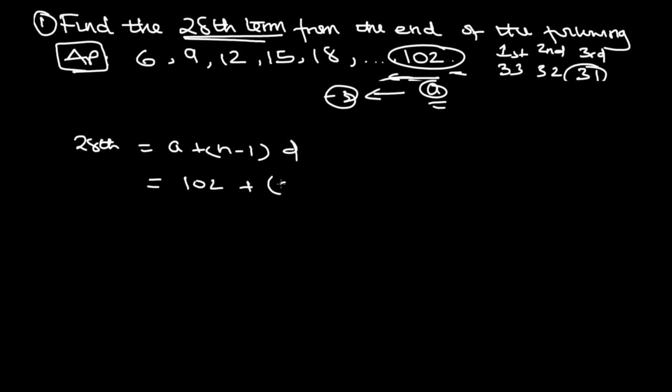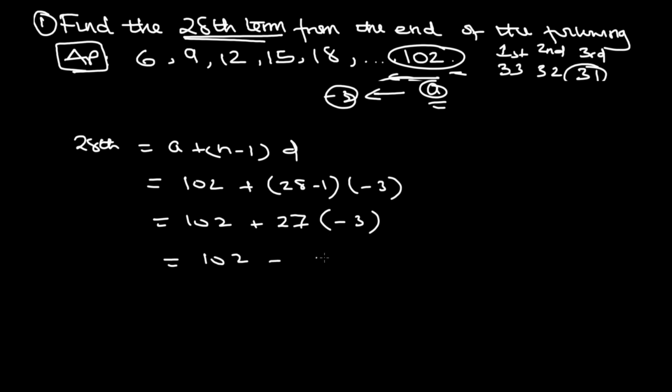Plus n is 28 this time around, and then the difference is minus 3. So this is 102 plus this one will be 27. Then this one will be minus 3. This is 102 minus, this is 81. 81, that gives us 21.